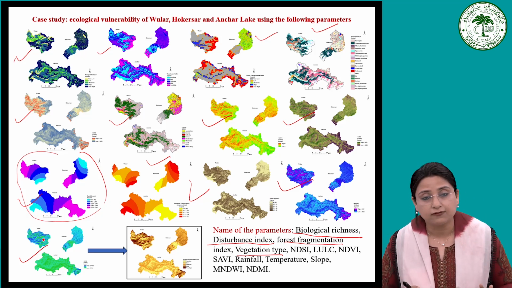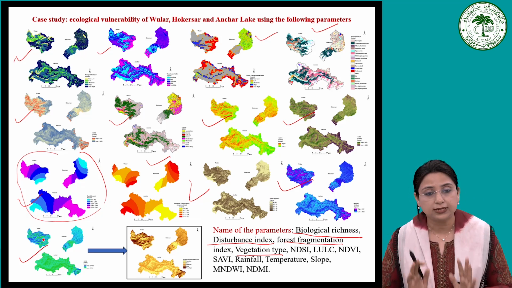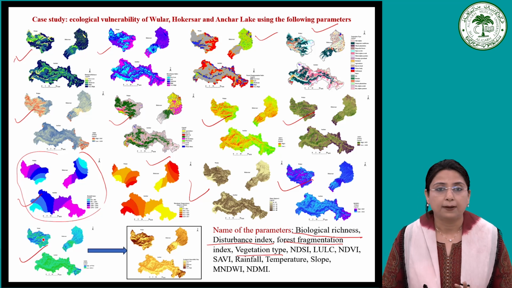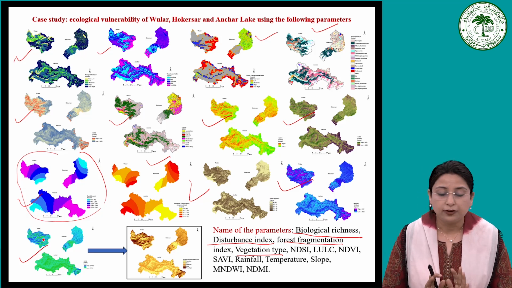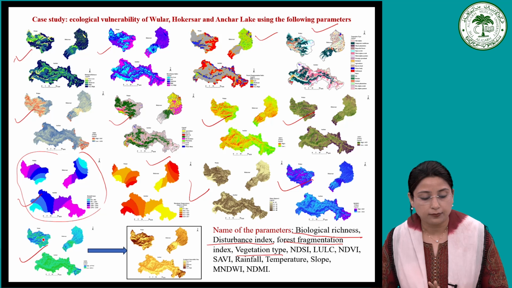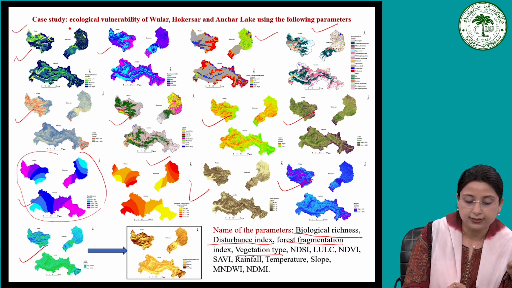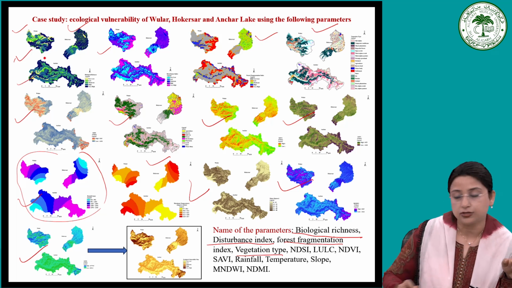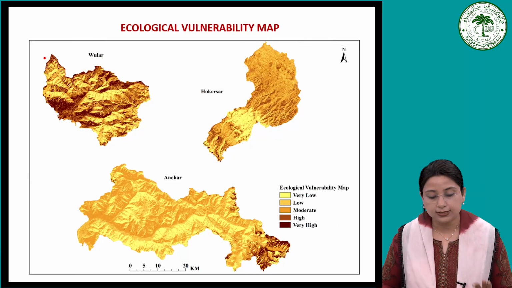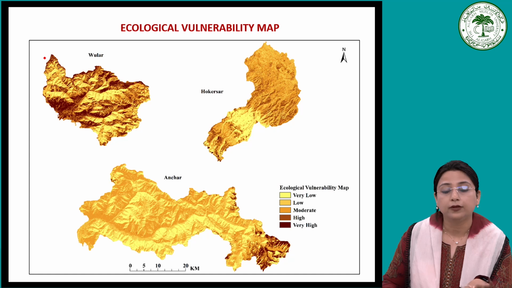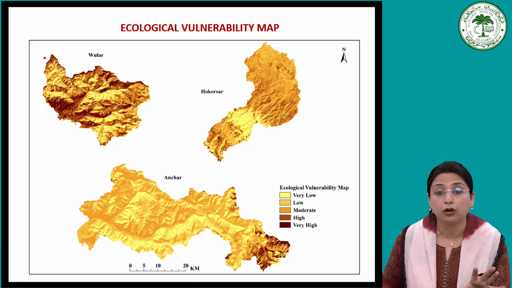These are the several factors to be considered in order to map out the ecological vulnerability of these water bodies. This is Wular, this is Hokersar, and this is Anchar, and here we have mapped out the ecological vulnerability.